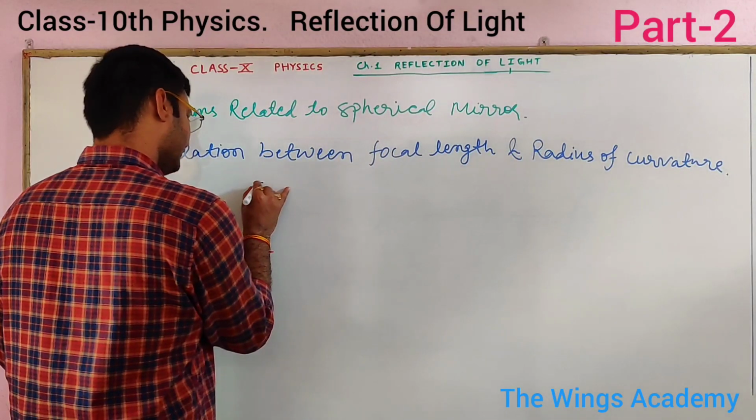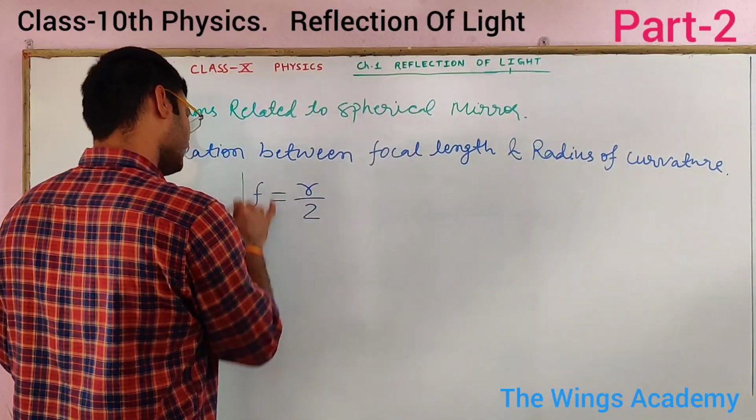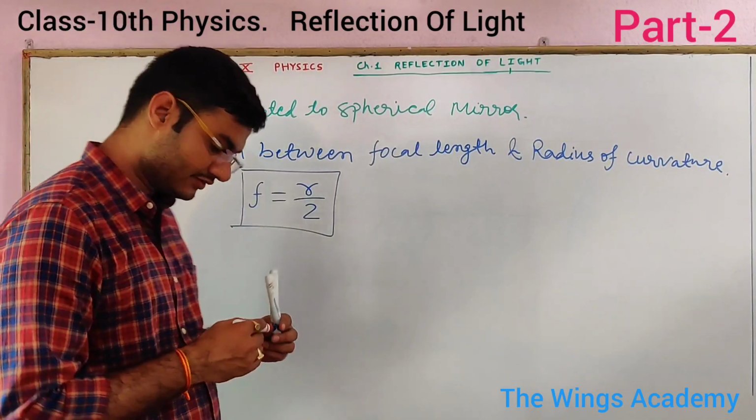If small f equals small r by 2, this is the relation between focal length and radius of curvature.